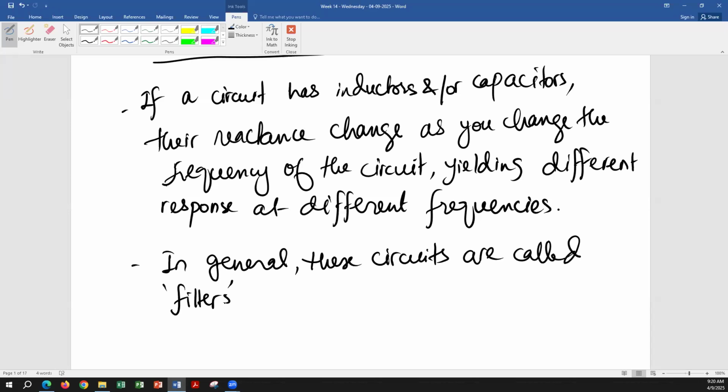So every electronic circuit, intentionally or unintentionally, acts as a filter, basically. Some are designed to be filters, some are not, but they work only over a range of frequencies, and outside that range, they're not going to give you the intended gain you are looking for.